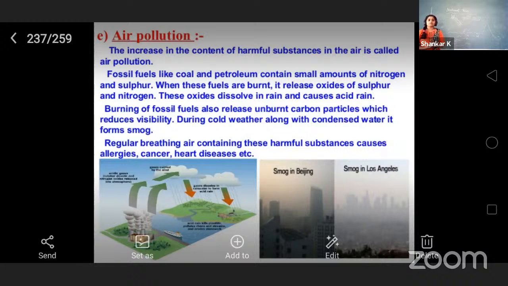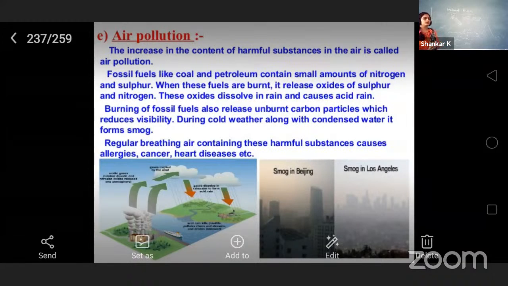So during cold weather, along with condensed water, it forms smog. Regular breathing of air containing these harmful substances causes allergies, cancer, heart diseases, etc. So whatever air we are breathing may contain harmful substances.